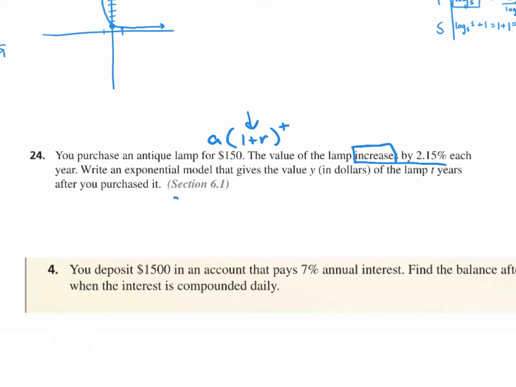So we have to find what A is, what R is, and what T is, and we plug them in. So what's our A? $150. A is your starting amount, whatever you start with. So we purchased it for $150. What's our rate? 0.215. Awesome. We have to move our decimal 2 decimal places, so this would be 0.0215.